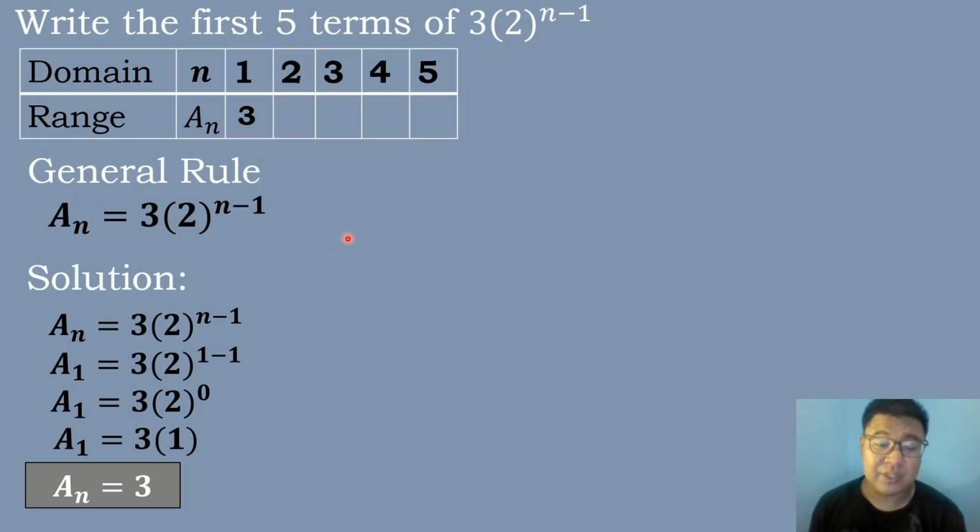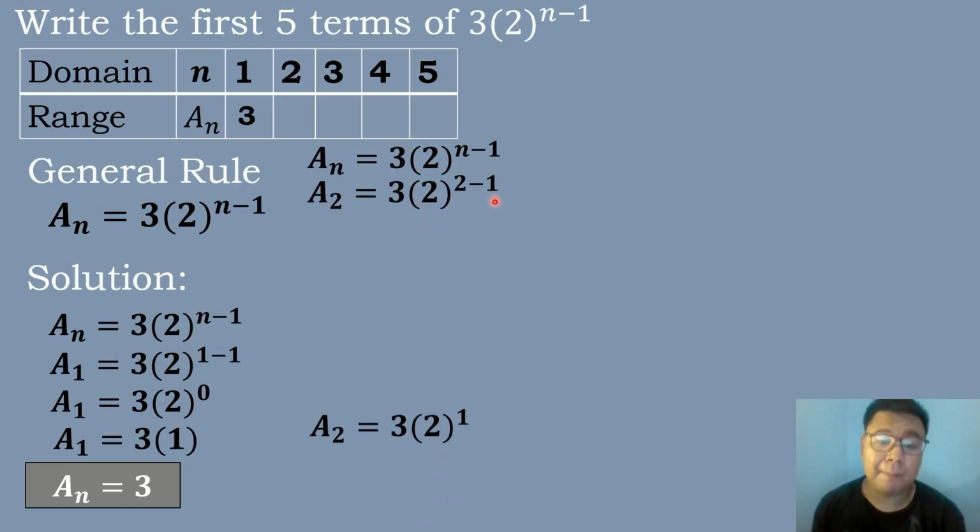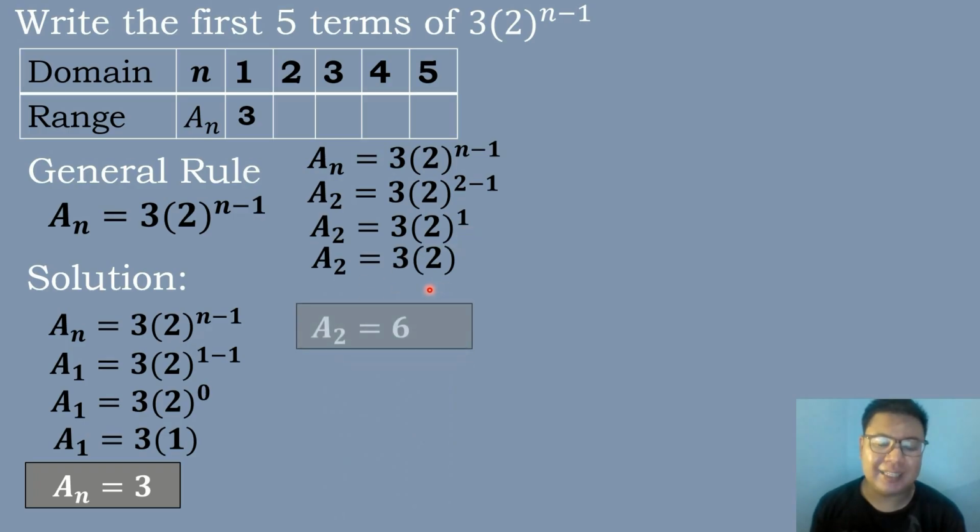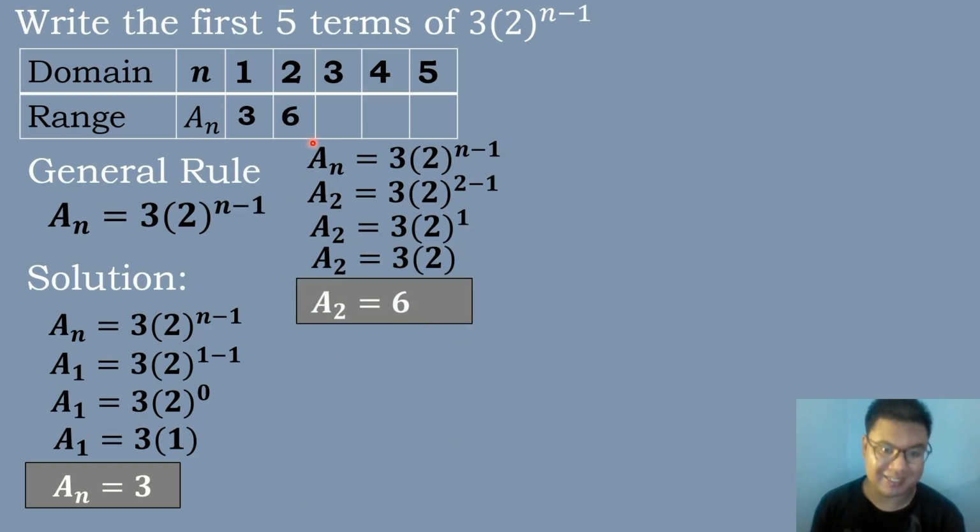Next, let's compute for the value of the second term using the general rule. Substitute the value of n, which is equal to 2. So a sub 2 is equal to 3 times 2 raised to 2 minus 1 power. 2 minus 1 is equal to 1. 2 to the first power is equal to 2. And then 3 times 2 is equal to 6. So the value of the second term is equal to 6.